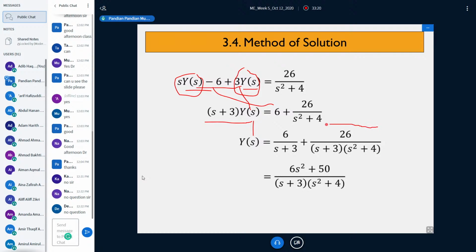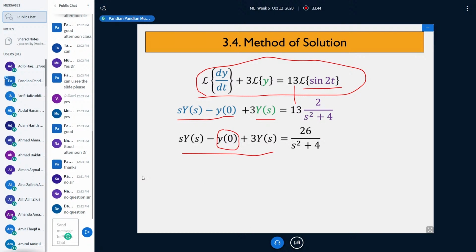So all these terms you put on the right-hand side. The left-hand side is only Y(s), because you want to find the inverse Laplace of Y(s).